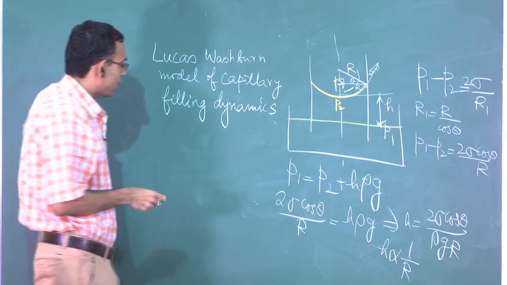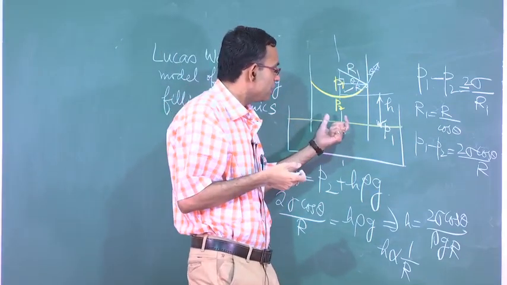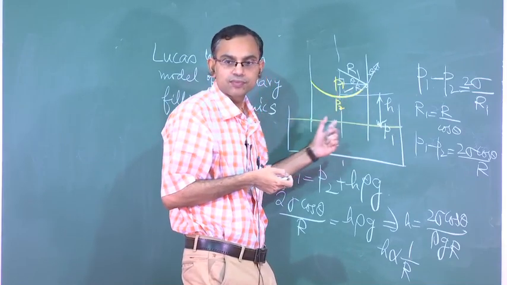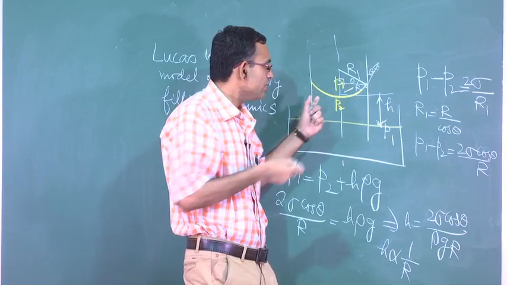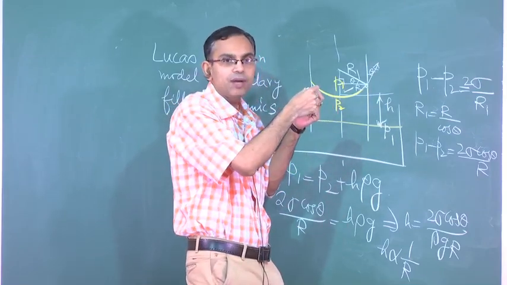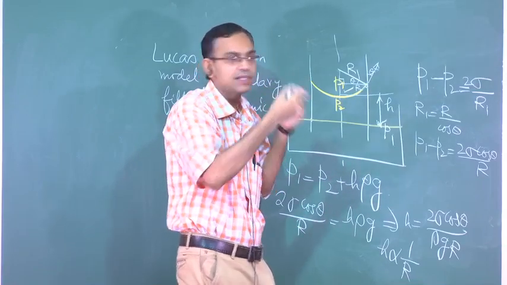In this model, what we will simply assume is that when the fluid is moving, we are considering it as a lumped mass, just like a point mass moving, and it is acted upon by two forces, viscous and surface tension, and they are balancing each other.